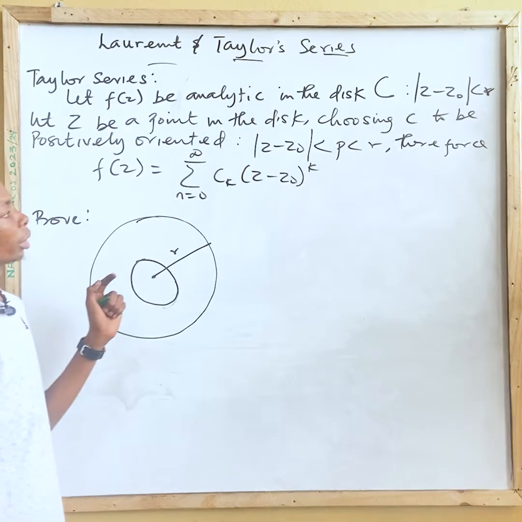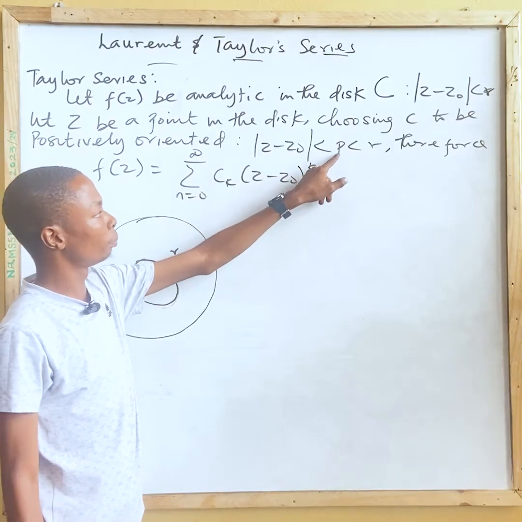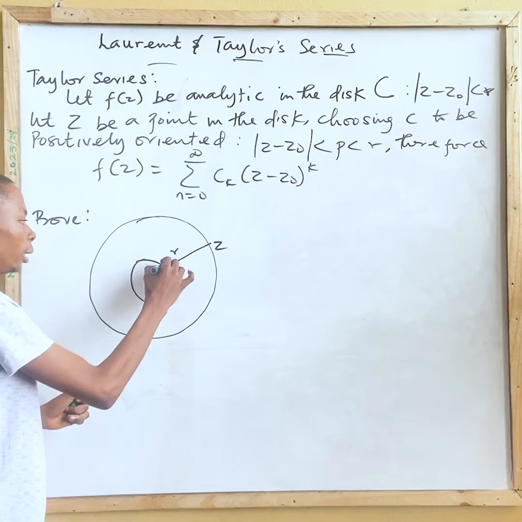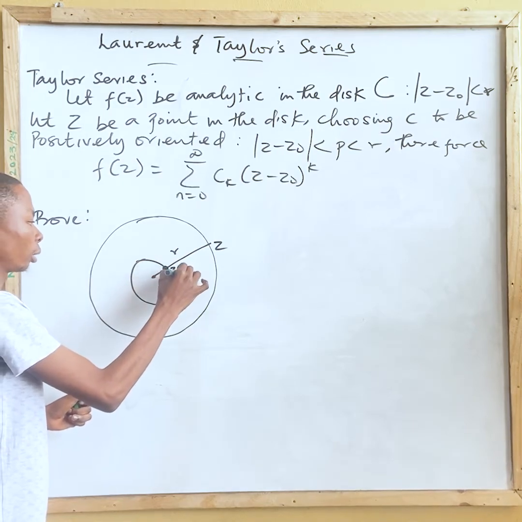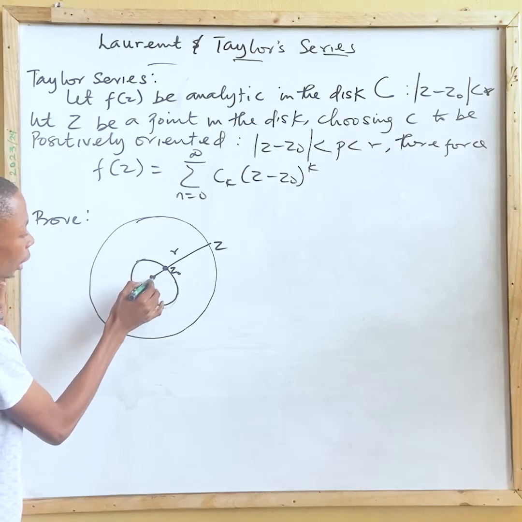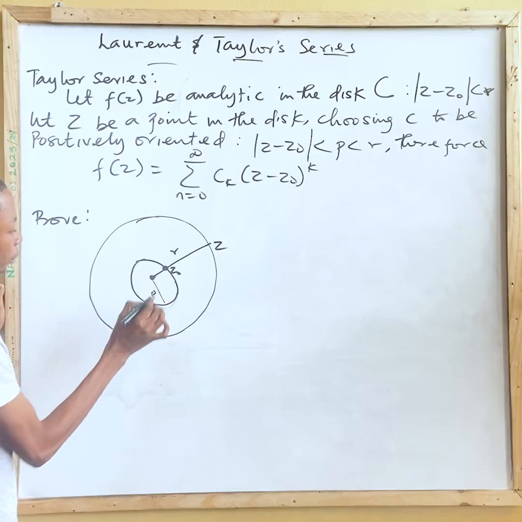What that theorem is talking about is the meaning of z minus z naught less than p less than r. This is z, and let's call the center z naught, and from this center to the circumference of this smaller loop, let's call it p.